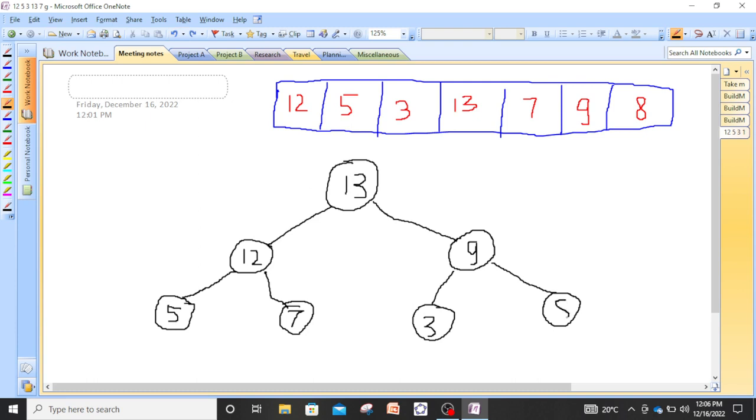This is the max heap of the given array.